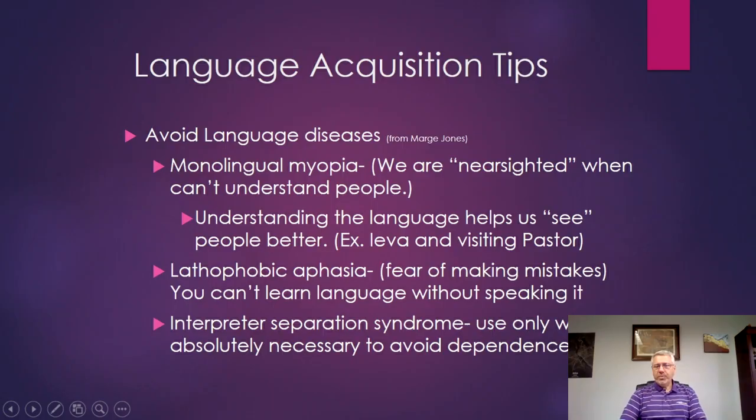The last one would be interpreter separation syndrome. Interpreter separation syndrome comes when you start your ministry and become very, very dependent on an interpreter. You get used to having the interpreter there, having them translate sermons for you, and you start taking a translator with you all the places you go.